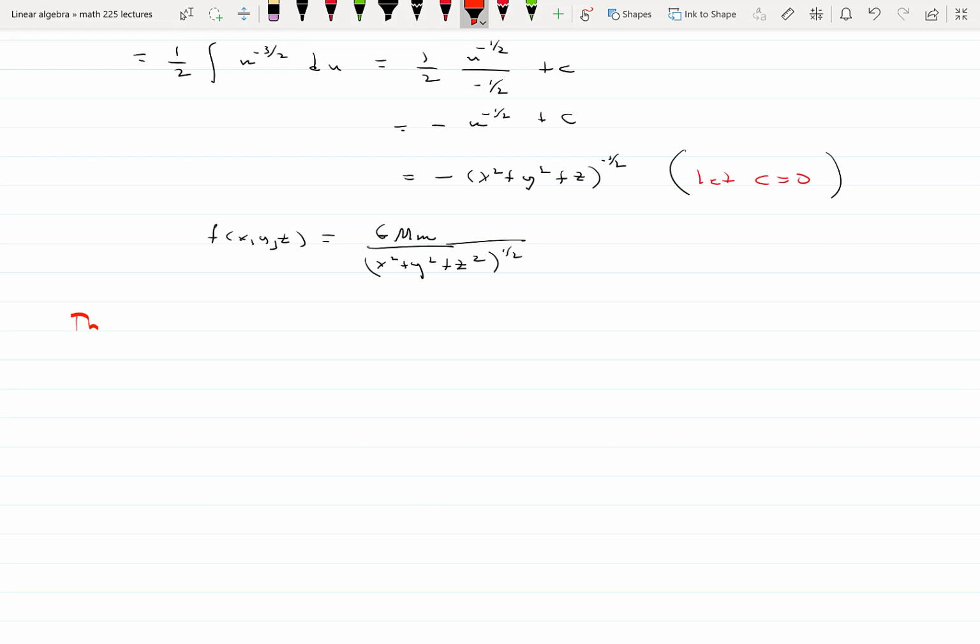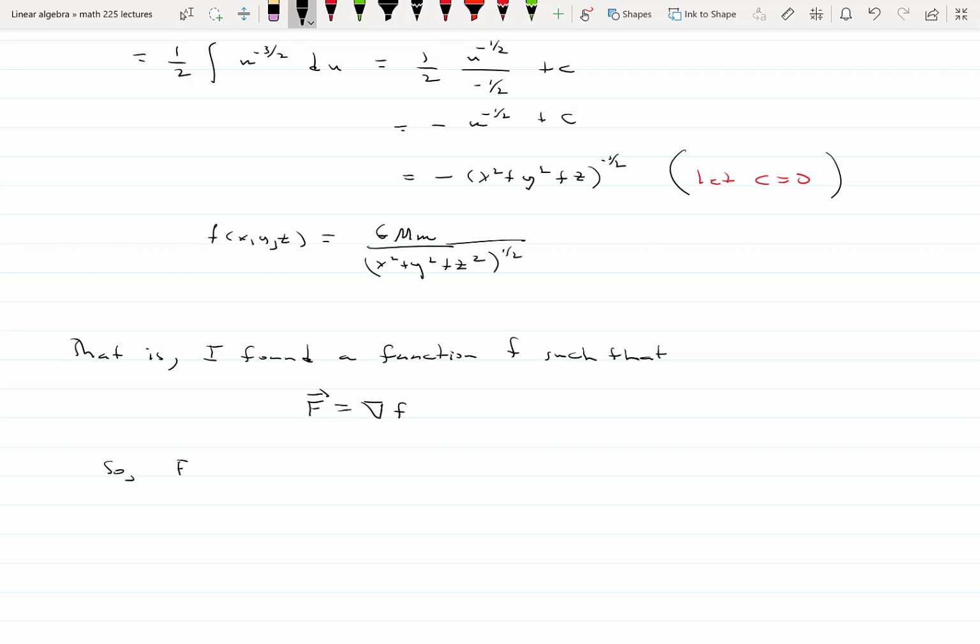So that is, oops, I'm going to go back to black here. I found a function f, not a vector field, but a scalar function f, such that the vector field F is equal to the gradient of the scalar function f.